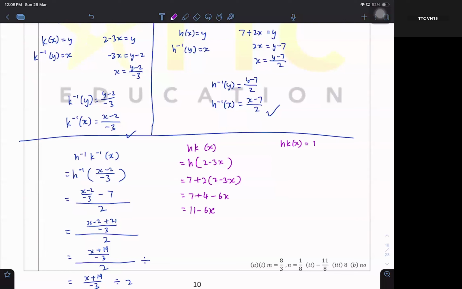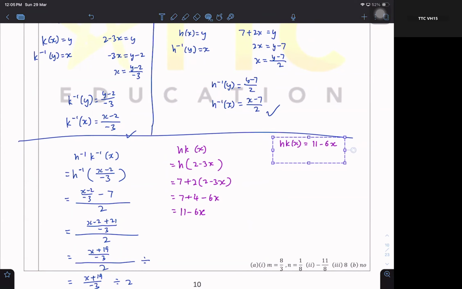hkx equals 11 minus 6x. Now I do the inverse for this. Left hand side equals y, right hand side equals y. Then the x and y switch.